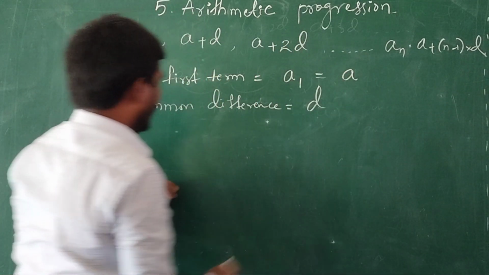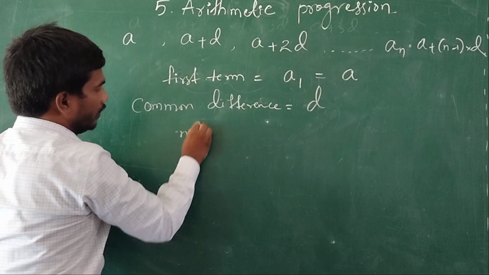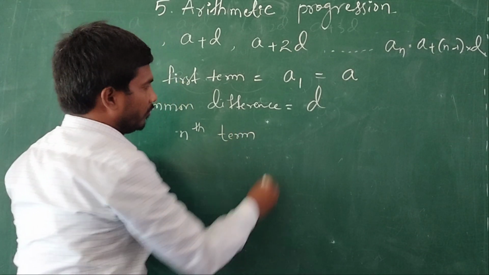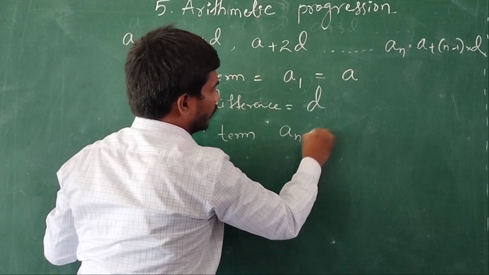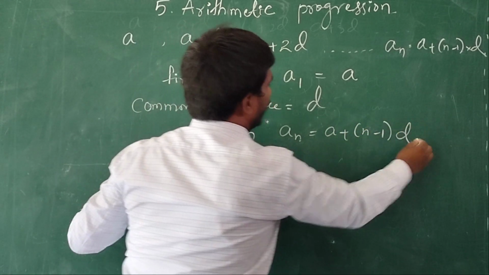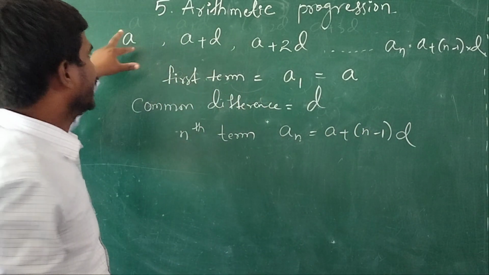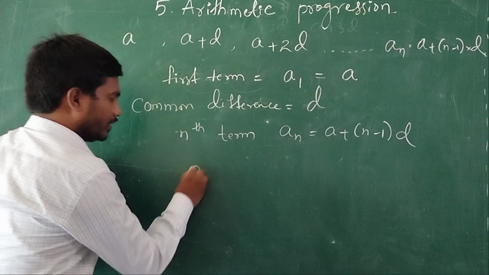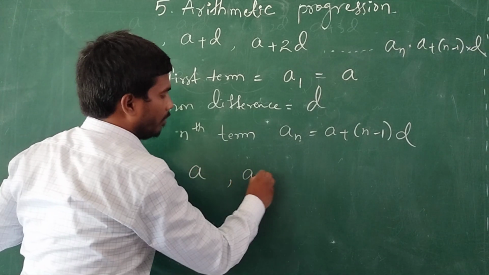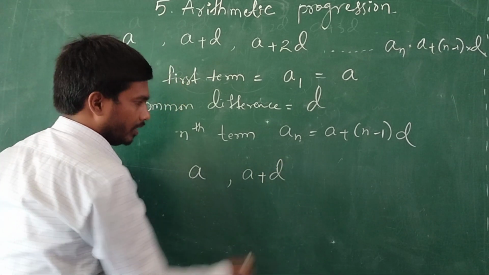So the nth term formula: an is equal to a plus n minus 1 into d. Where did this come from? See here, the first number is a. To this number we are adding the common difference one time for the second term.